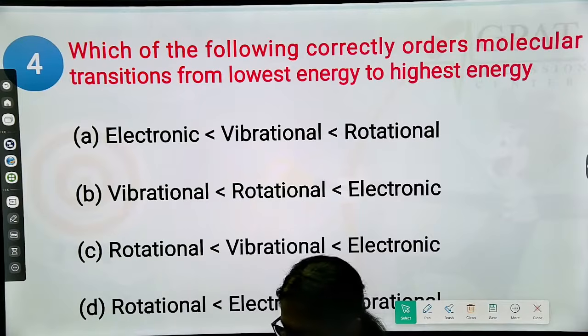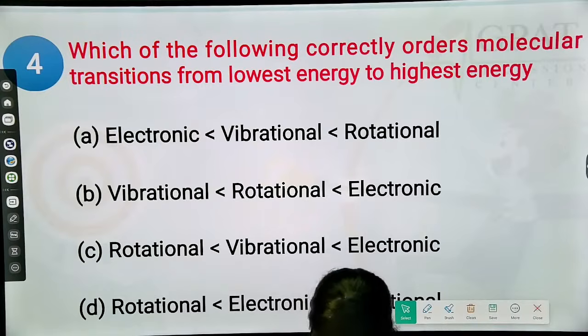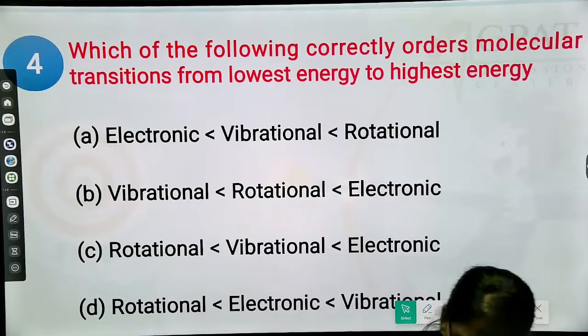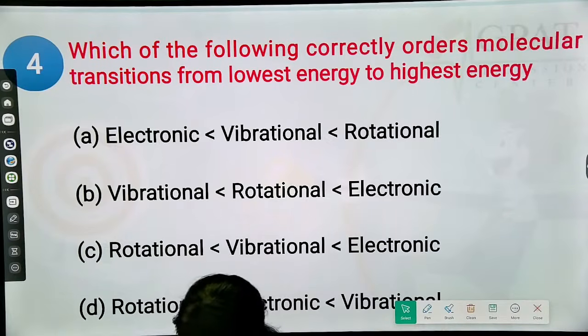Let me check who has given the right answer first. Okay. Yeah, so many are giving the right answer.